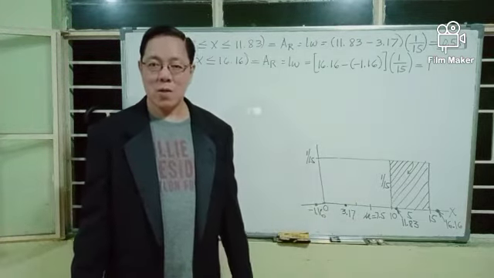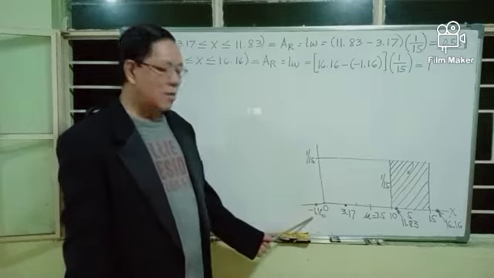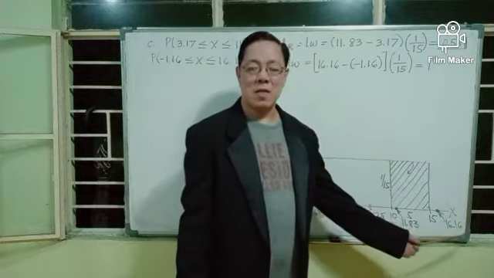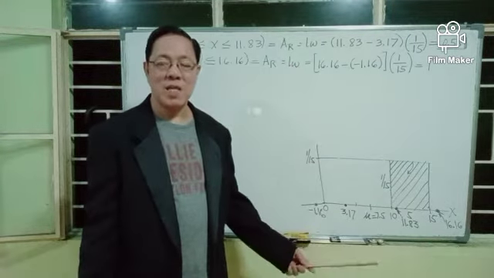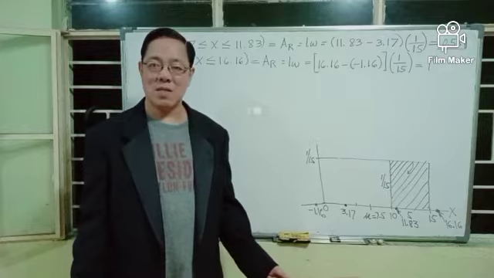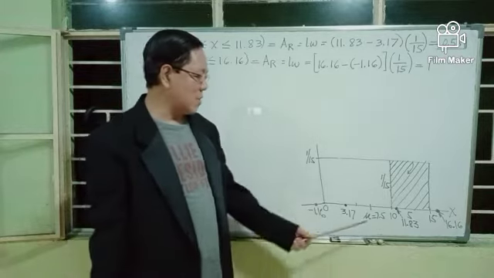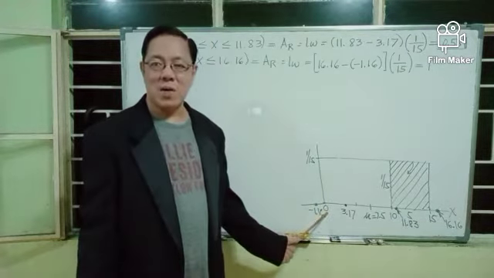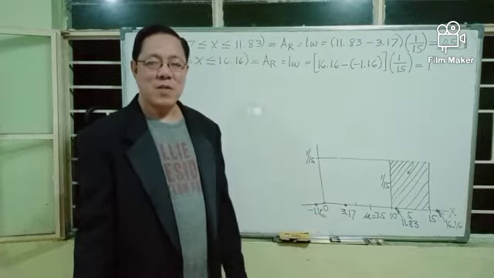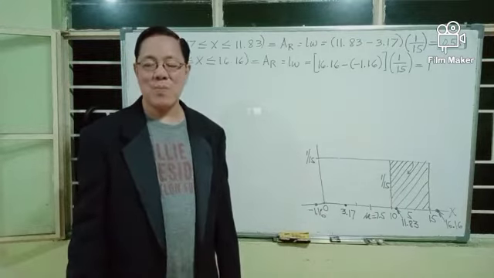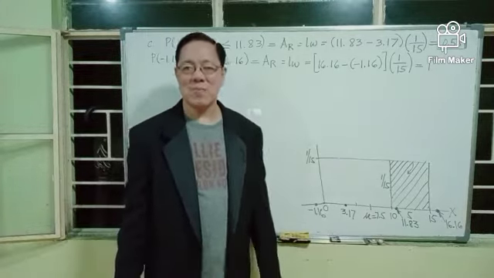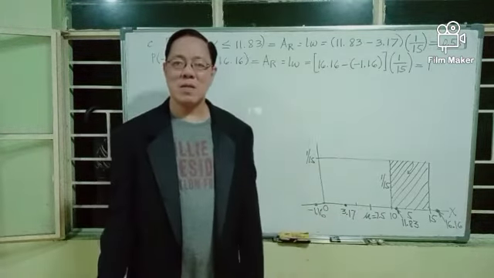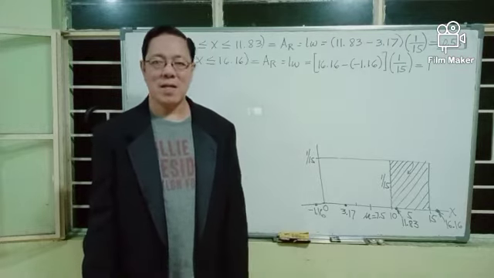And it should be 1 or 100% because this line interval from negative 1.16 to 16.16 already contains the maximum waiting time for any person waiting for the next bus to arrive, which is 15 minutes, and the lowest waiting time possible is 0. Therefore, the probability that the waiting time of the person waiting for the next bus to arrive will be between negative 1.16 and 16.16 is 1 or 100%.